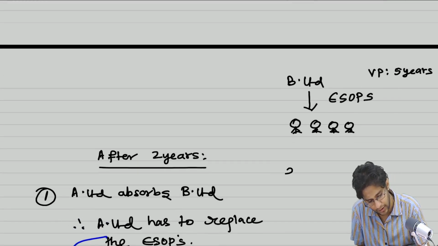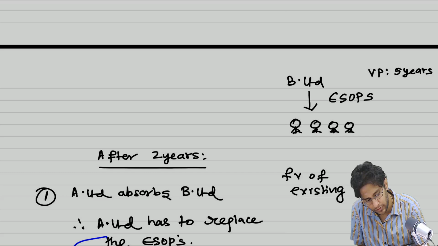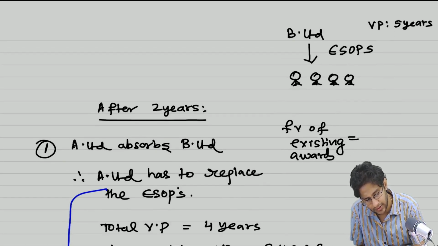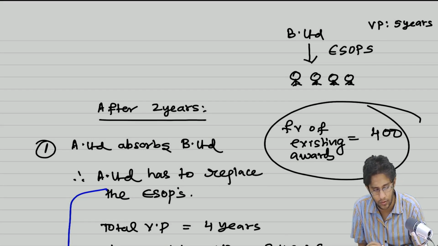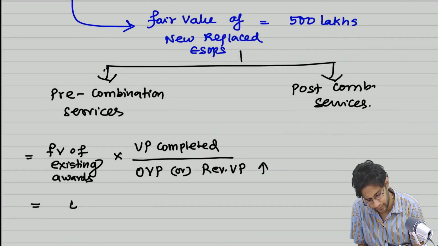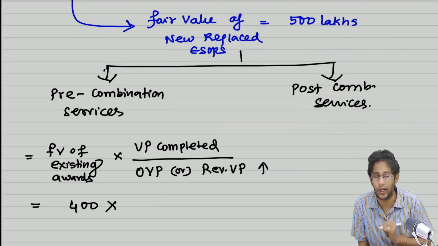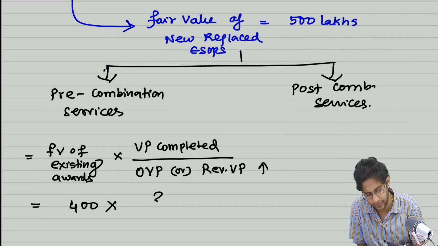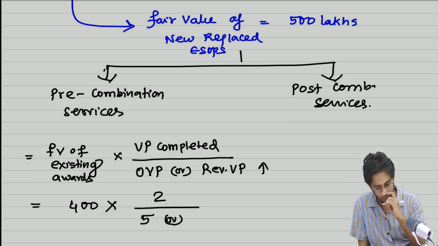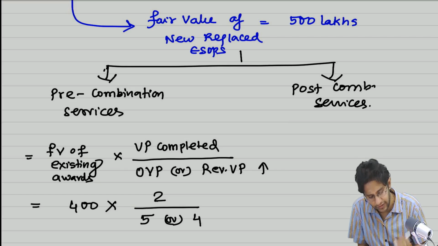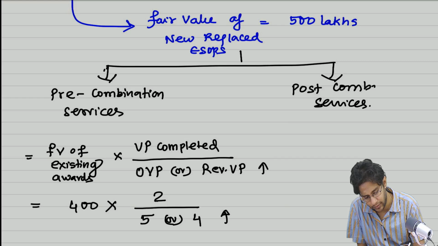So imagine that the fair value of existing awards is, let us say, 400. So this 400 into how much period is completed? 2 years, divided by the original vesting period, which is 5 years, or the revised vesting period of 4 years, whichever is higher.